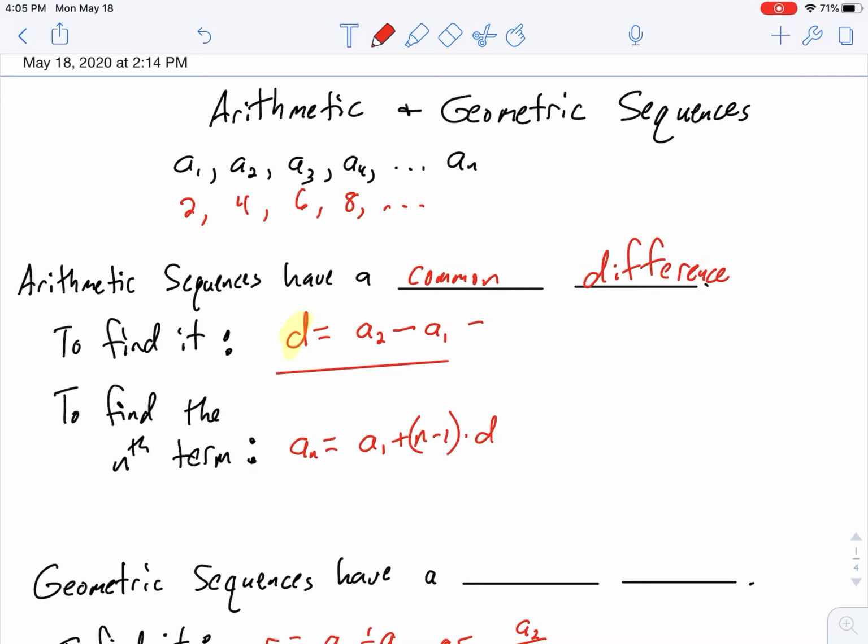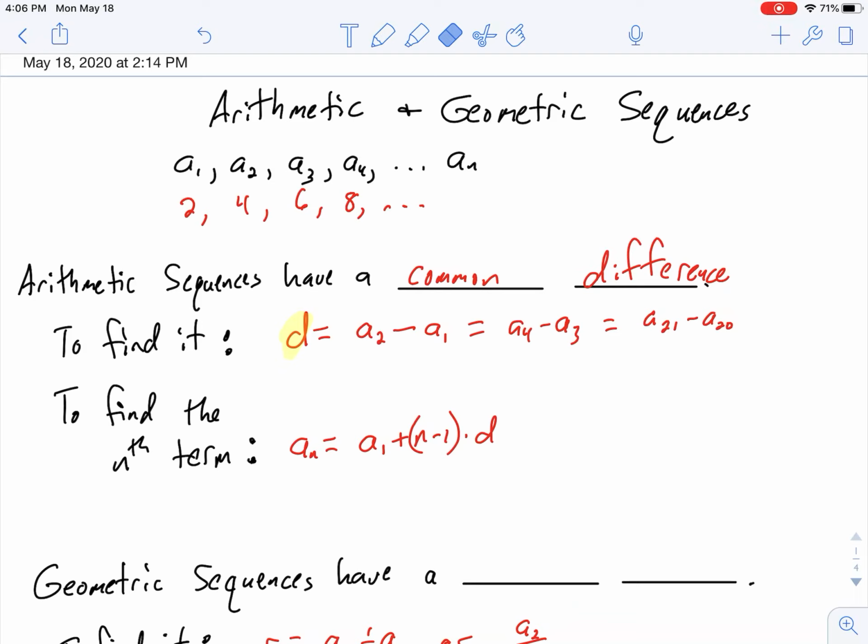That is called the common difference. If you don't get the same number, then it's not an arithmetic sequence.